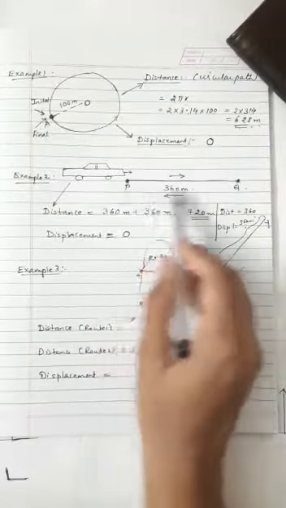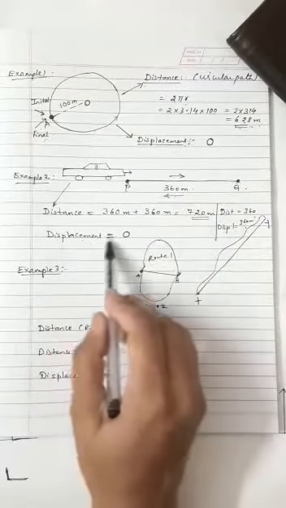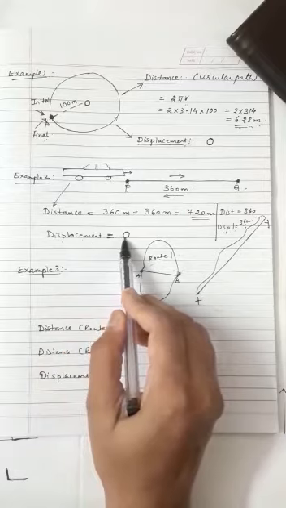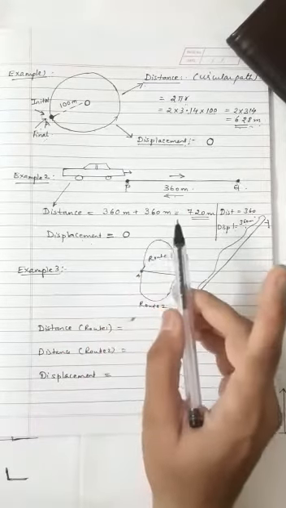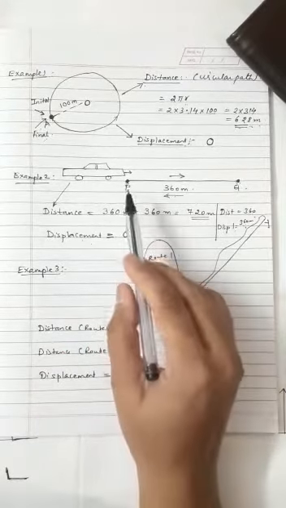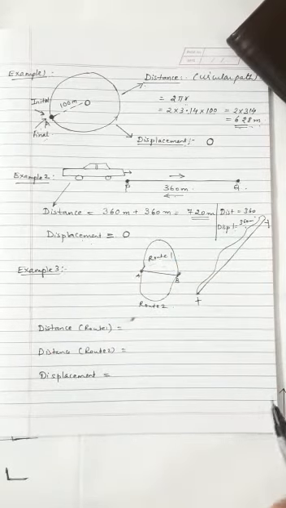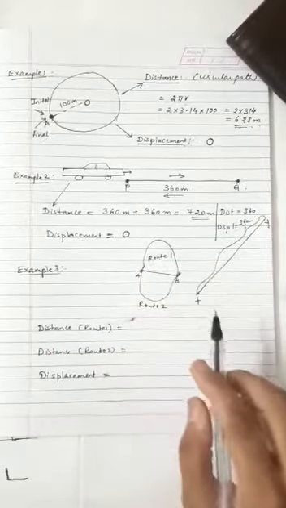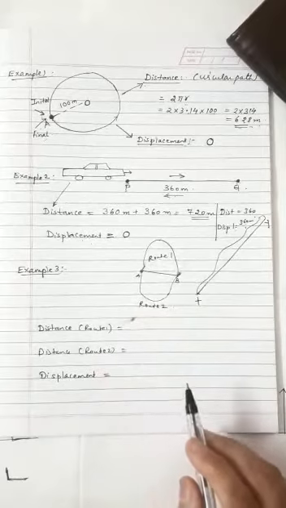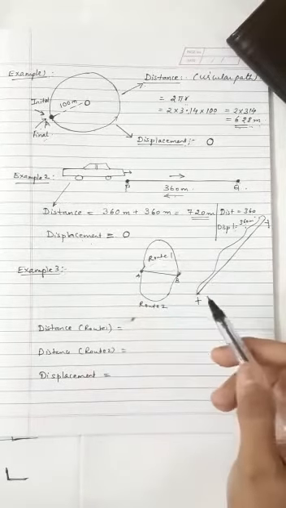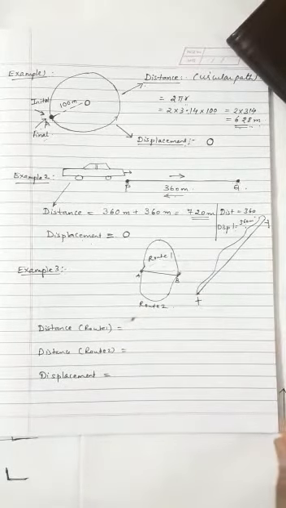So when I take two direction motion, that time my displacement turns out to be 0. So be very, very careful when you are given the starting and the ending point to decide which is your starting point and which is your ending point, because accordingly the answers will differ.